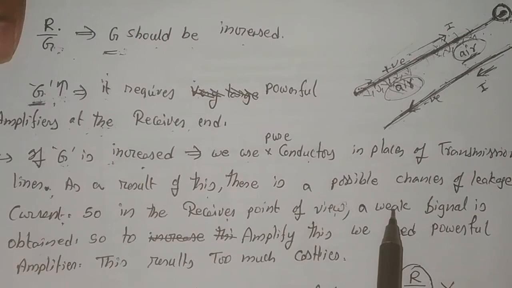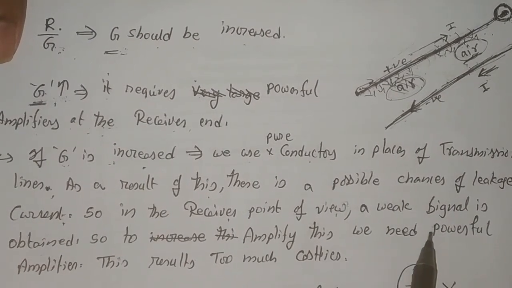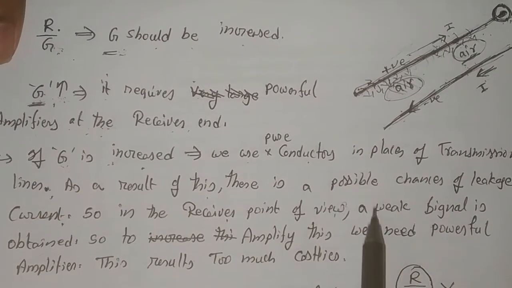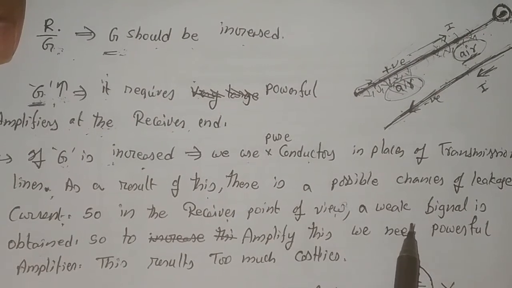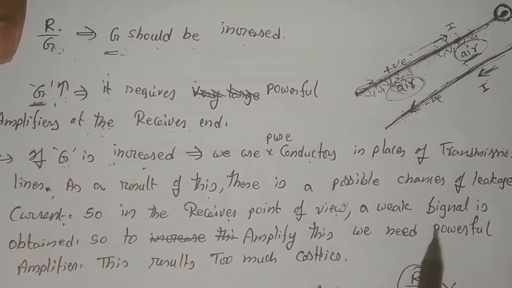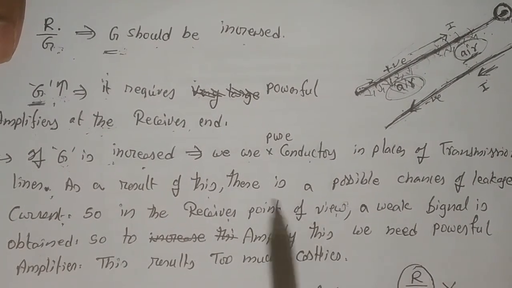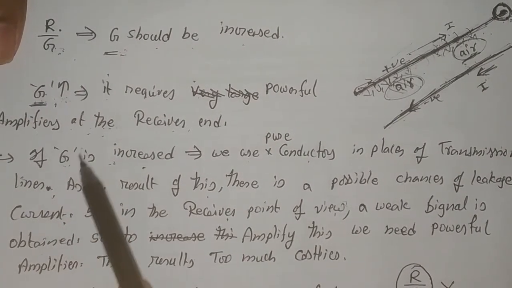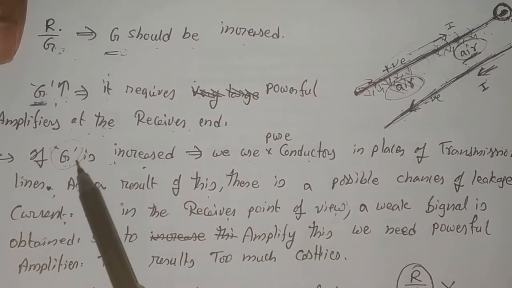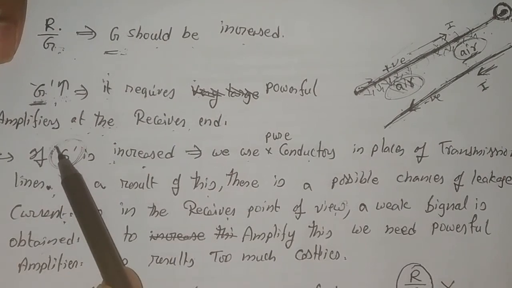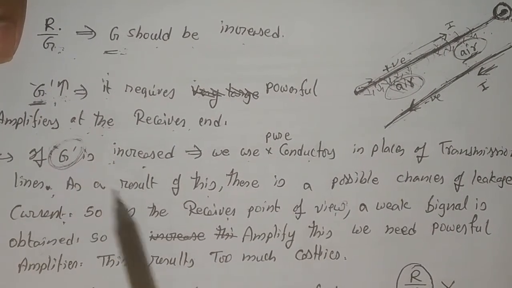Now the household applications which are receiving weak power signals need to use large power amplifiers in their home. Nobody is interested in using such high power amplifiers in their home because they are too expensive. Therefore, increasing the value of conductance does not provide any better results.